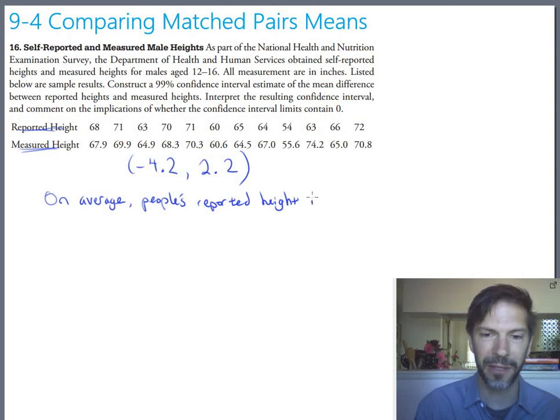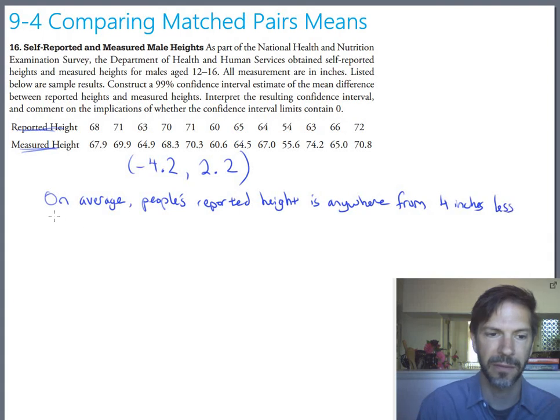People's reported height is anywhere from 4 inches less to 2 inches more, less or more than their measured height.